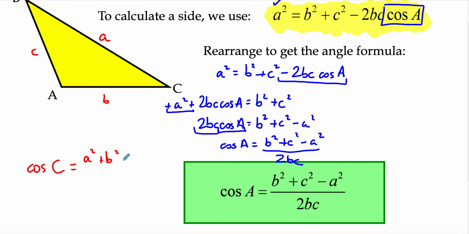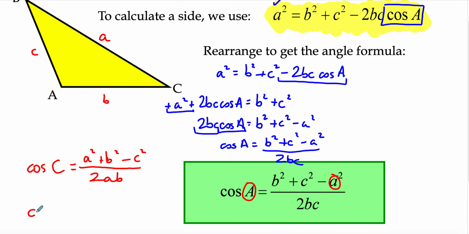I'd then be subtracting another letter squared, and it's the same letter. So again, the letter at the beginning of the formula and at the end of that top line should be the same. But of course one's capital, one's lowercase, so it will be side c squared on the top, divided by 2 times, remember it's the first two letters you wrote down on the right hand side, 2ab.